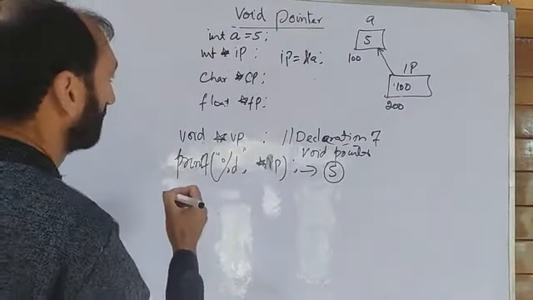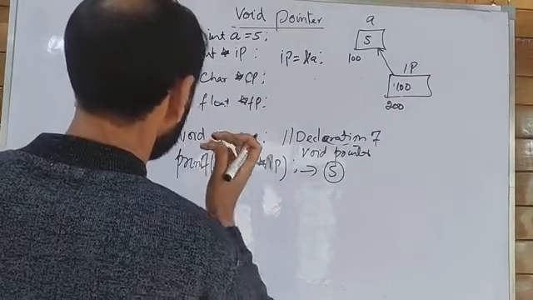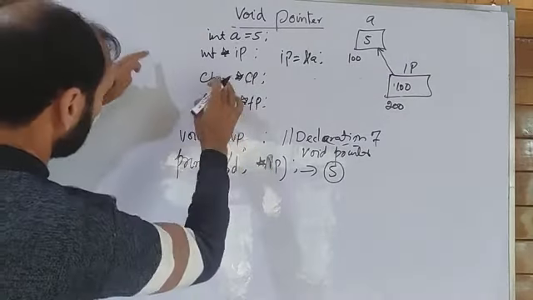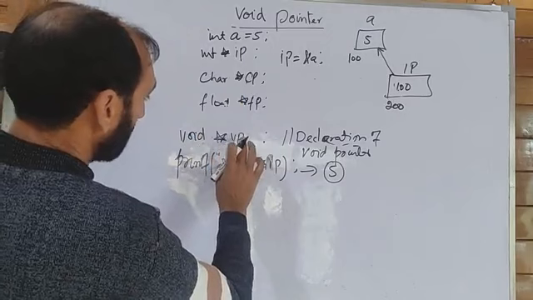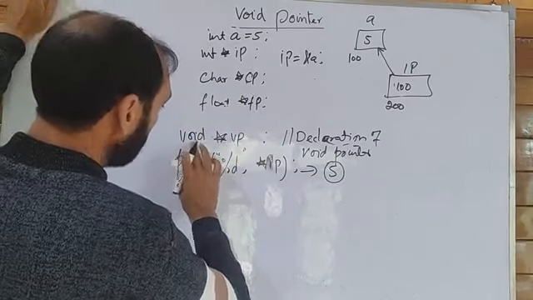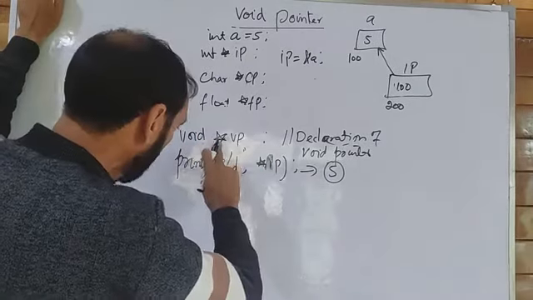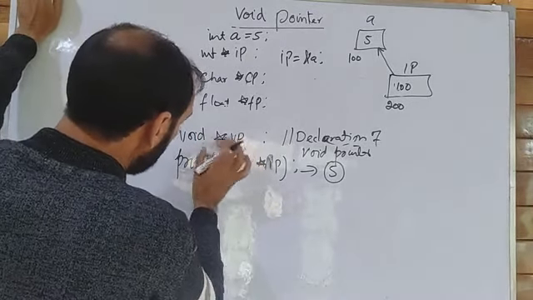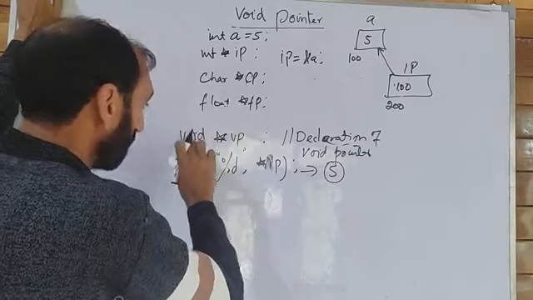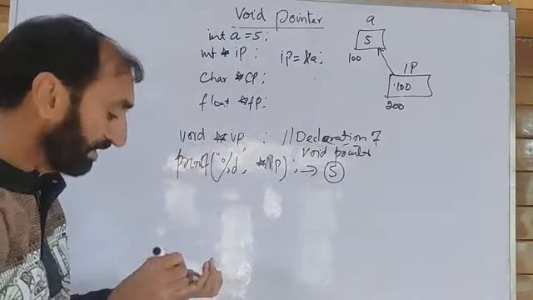And if I declare void *VP, here I have declared a pointer VP whose data type is void. That means it is a void pointer.